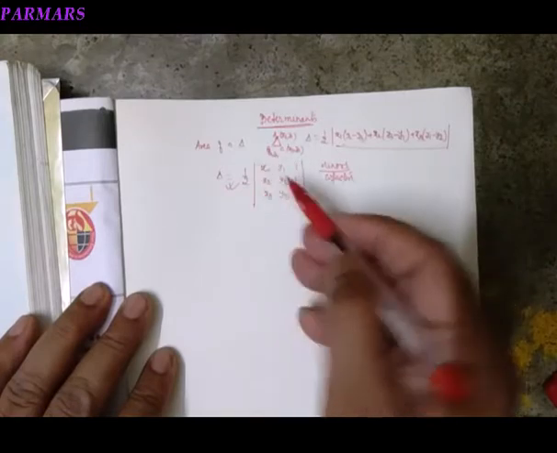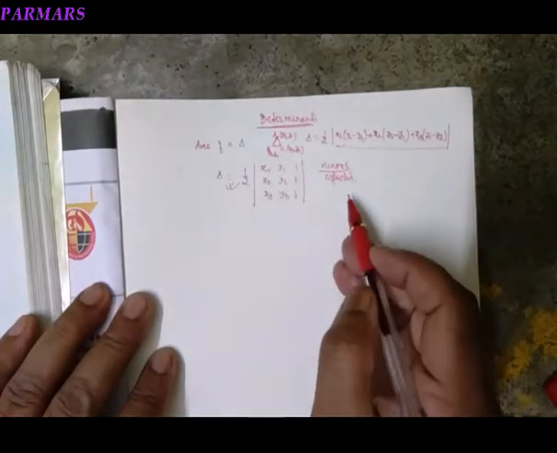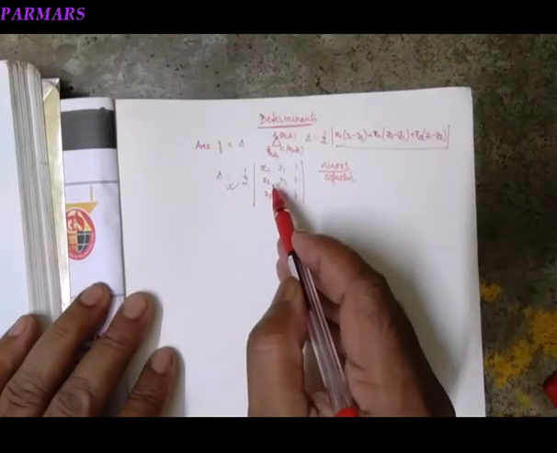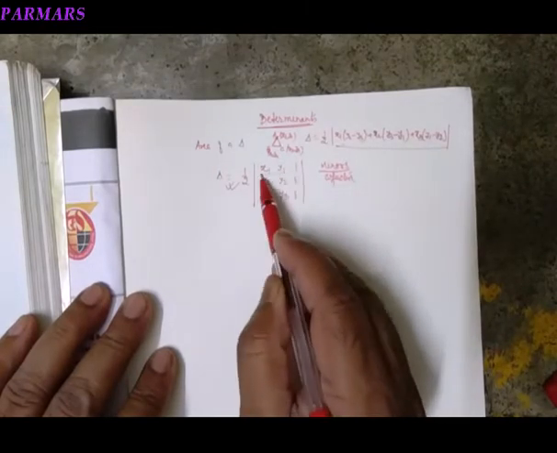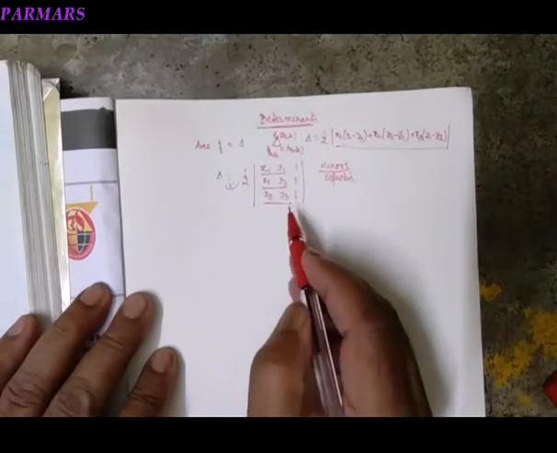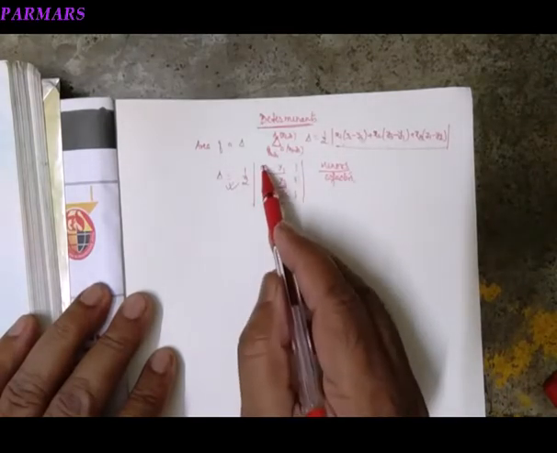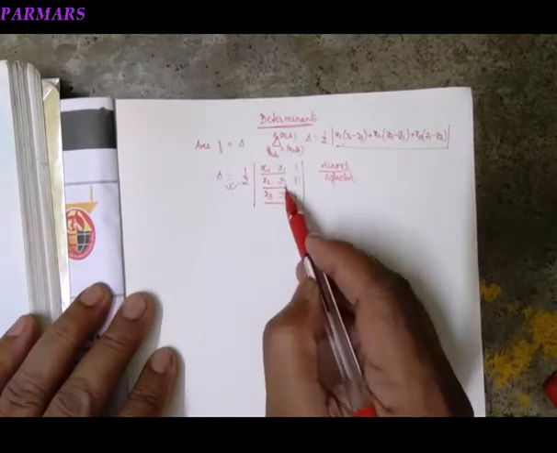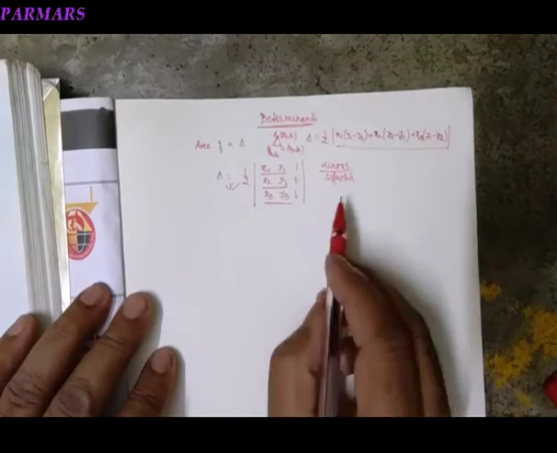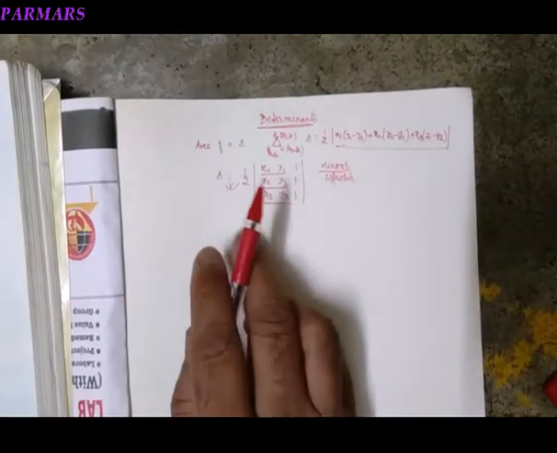The area of the triangle must be equal to 0 as in class 10, but here you have to use the determinant form. This is the coordinate of the first vertex, second vertex, third vertex. The abscissas occupy the first column, the ordinates the second column, and 1 1 1 the third column. You will get the 1/2.